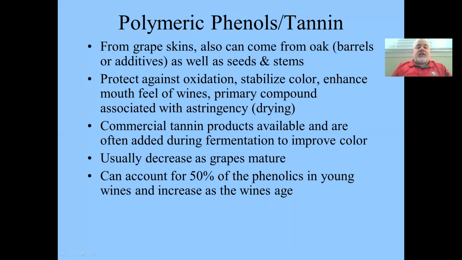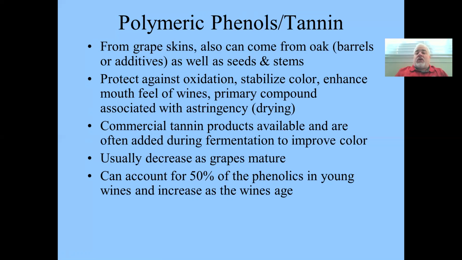Polymeric phenols and tannins come from the grape skins. They also come from the oak in barrels or additives. So when you're aging the wines in a barrel, or you're using oak staves, oak boards that you put in, or oak chips or oak powder, you can make the oak as small as you want, you are getting some of these polymeric phenols and tannins added to the wine, with specific different variations based on the flavor.